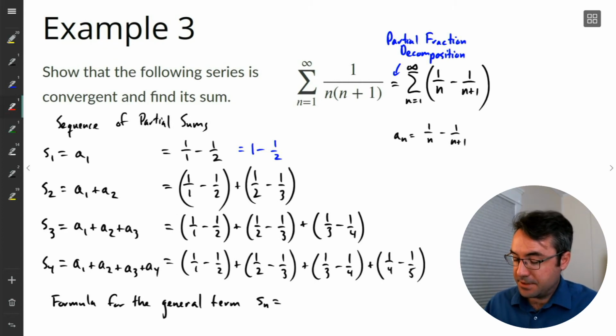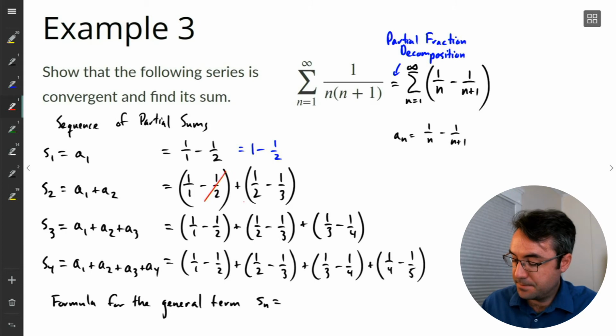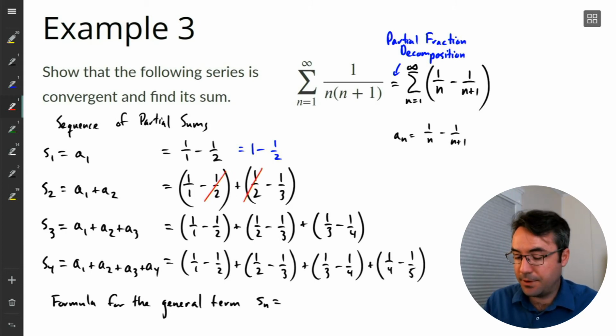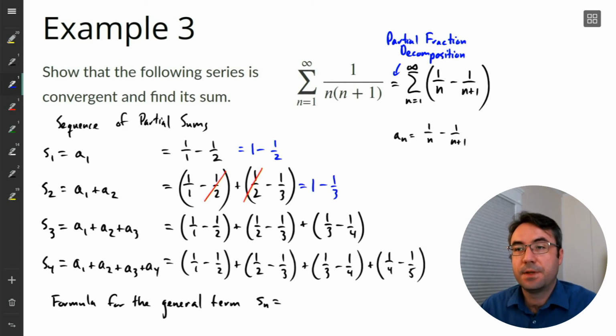When we look at this, notice that we have this minus 1 half and this plus 1 half, so those are going to cancel. Then we're left with just the 1 and the minus 1/3.